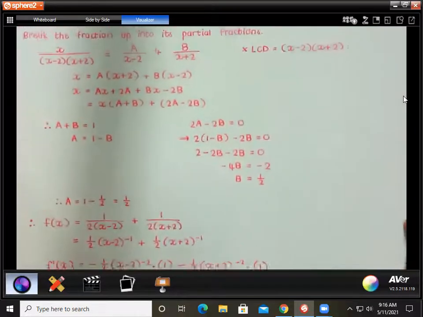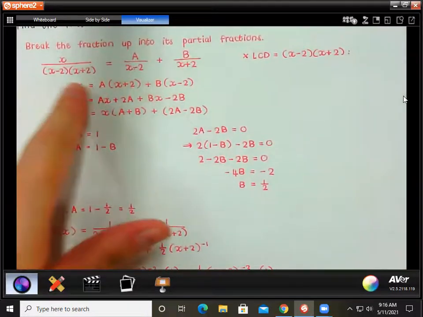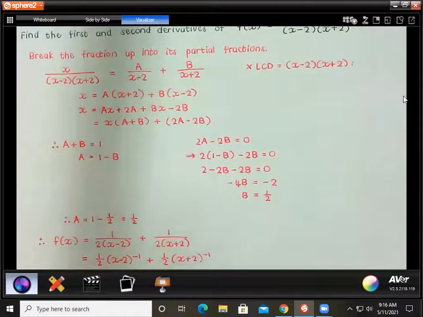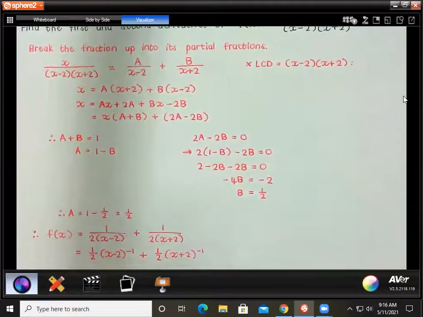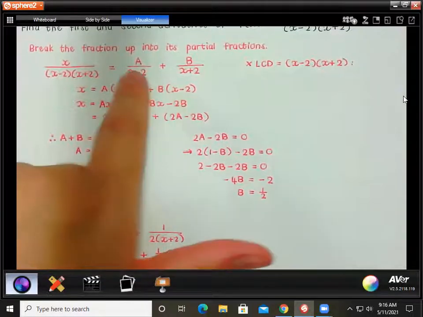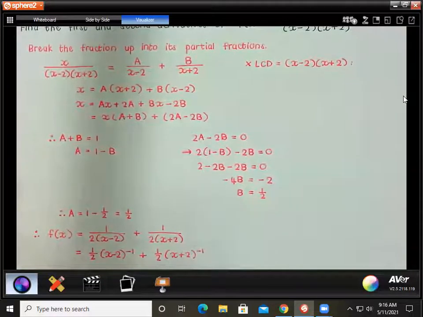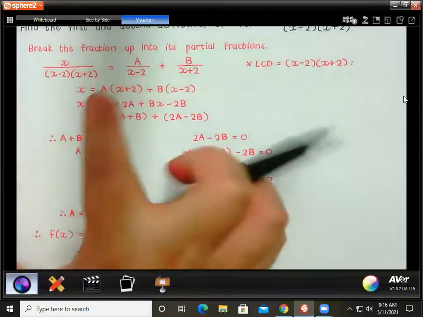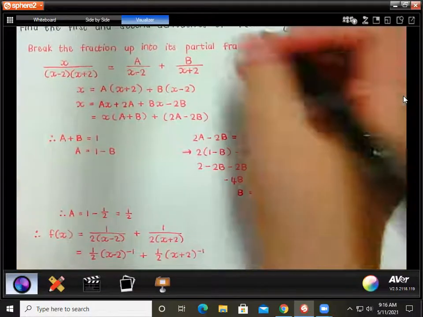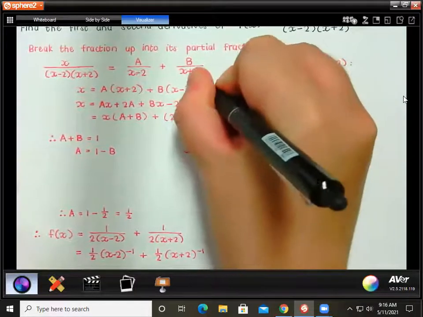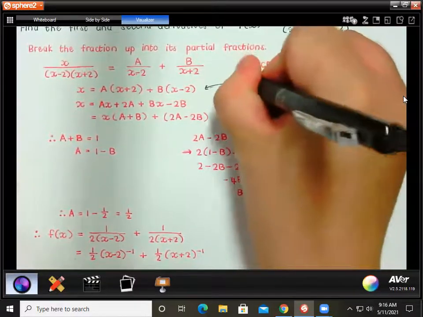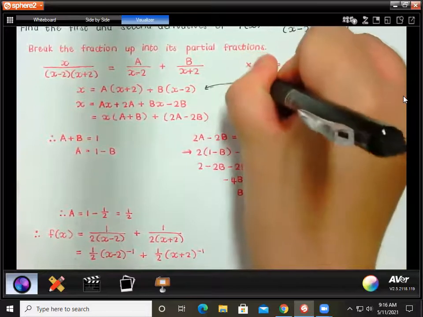But when you have linear factors like this, just an x minus 2 and an x plus 2, not an x squared, not a bracket squared, just a bracket times a bracket, and they are both linear, then what you can do is once you have this line over here, and let me add that as a note. Linear factors.